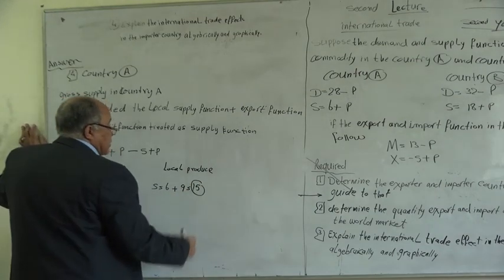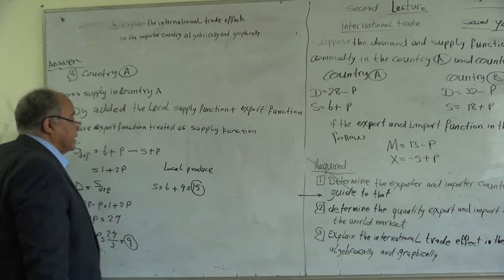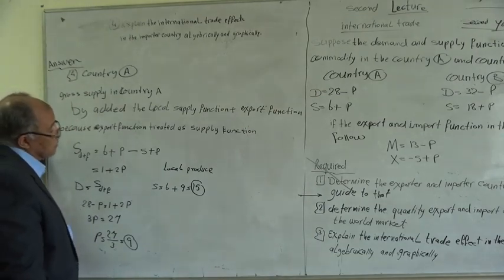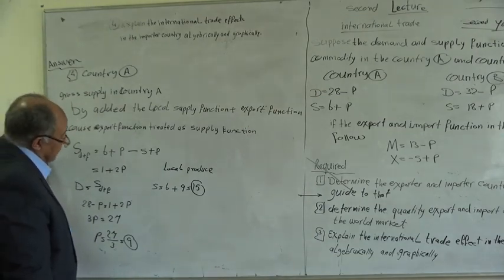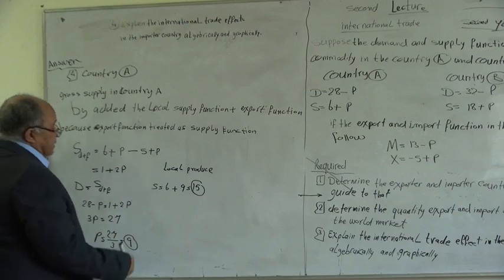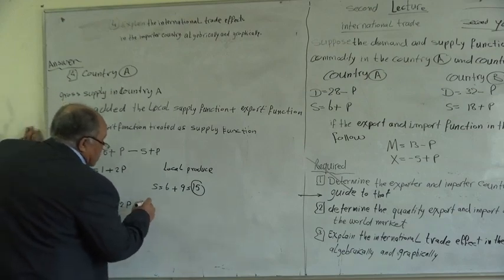This means the local production is decreased from 17 to 15.